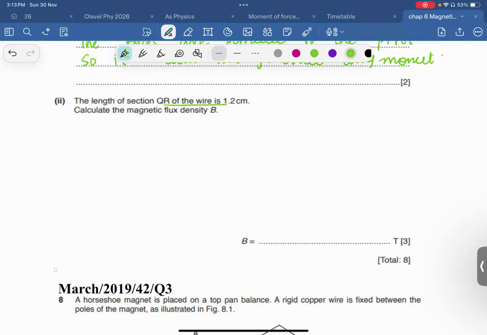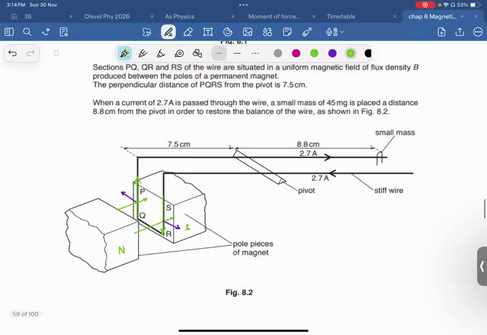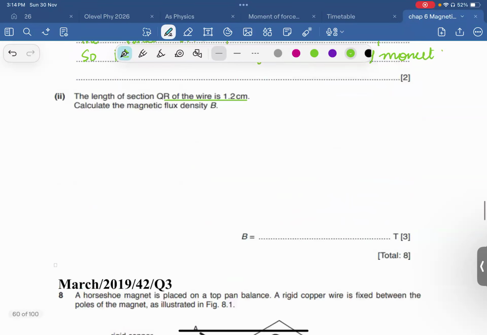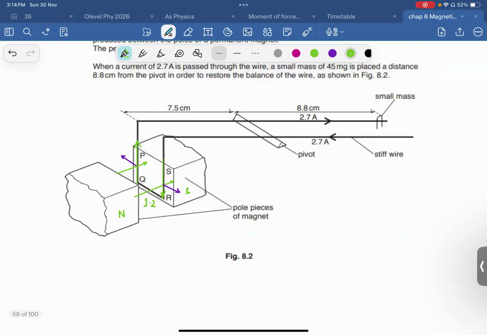Then QR. QR is given as 1.2, and we have to apply the concept of the moment: clockwise moment equals anti-clockwise moment.